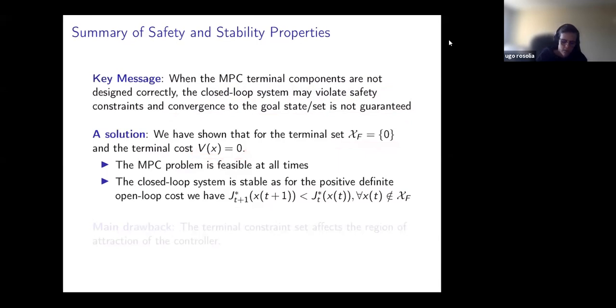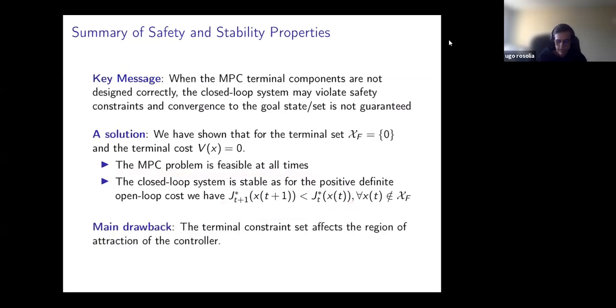With this strategy, we managed to guarantee feasibility at all time instances, and we guarantee that our optimal cost is decreasing. However, there is, of course, a main drawback, and the main drawback is that the region of the state space from which we can control the system is going to shrink. So the region of attraction of our controller is going to shrink.